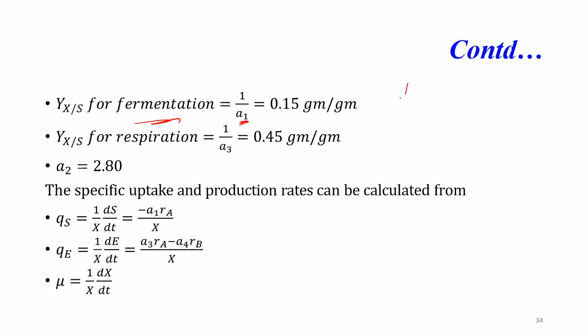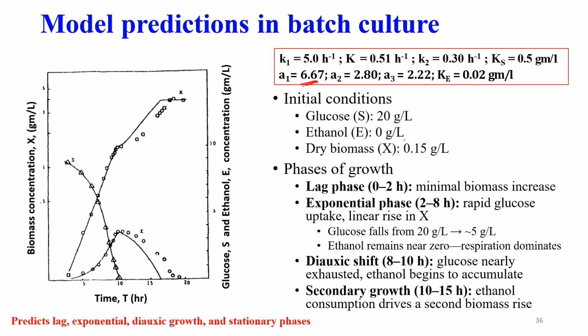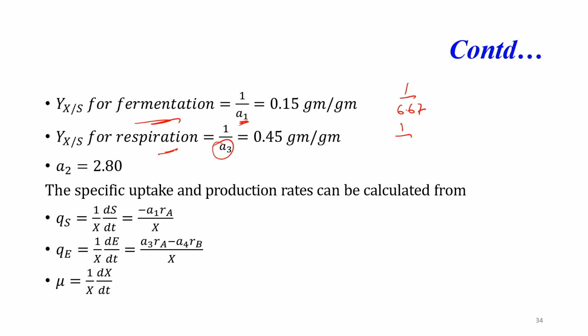So, this is 1 upon 6.67. Similarly, the Yx by S in the respiration will be 1 upon the stoichiometric coefficient of the substrate, that was the ethanol here. So, this is 1 upon A3, and the A3 value was reported to be 2.22, and the A2 value was found to be 2.80.